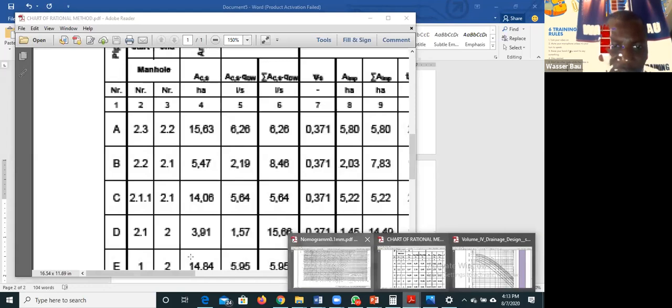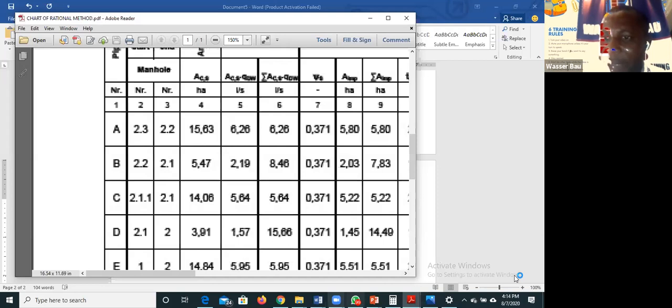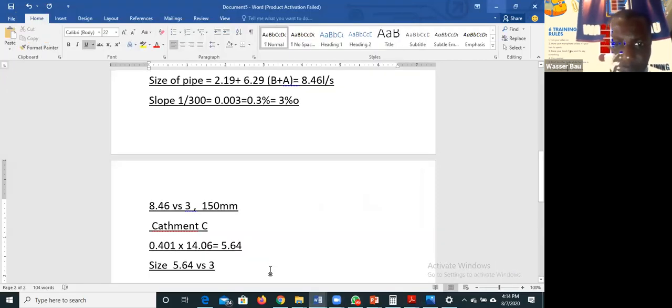It will fall in between 125 and 125. So it means for catchment C, the value is a 125 mm pipe. That's the pipe size for catchment C.